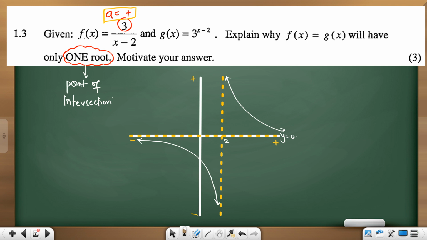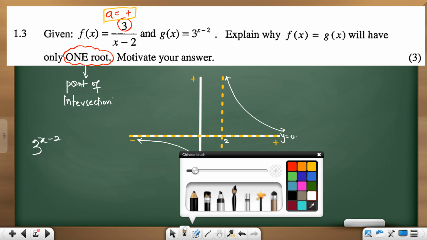Make sense? Now, let's look at g of x. What type of function would you say g of x is? It's an exponential because your x is an exponent. If you are not sure of what to do, you can find your y-intercept. 3 to the power 0 minus 2 would give us 1 over 9.